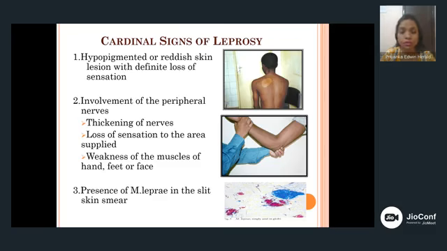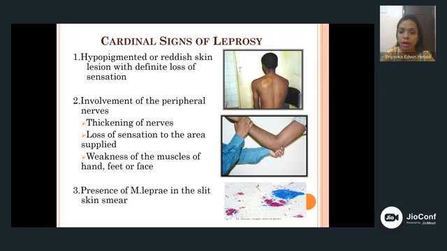And the third and most important cardinal sign of leprosy is the presence of Mycobacterium leprae in the slit skin smear. Now you want to know what a slit skin smear is. It is a laboratory test in which we scrape a small portion of skin from the area of the patch, where the patch is present in the patient.